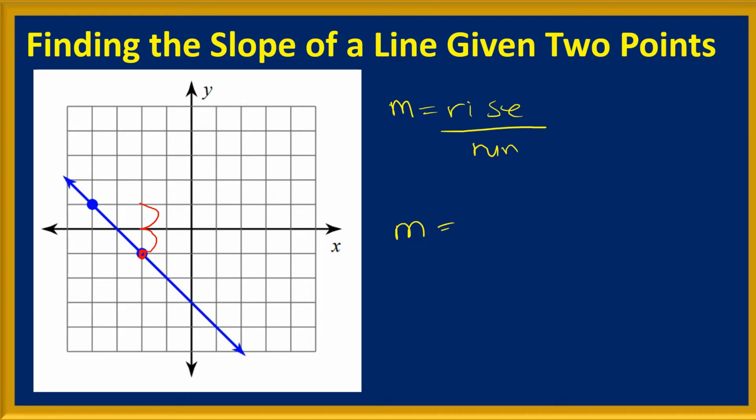So therefore, ang movement natin upward ay positive 2. Then, movement tayo to the left, papunta dun sa second point natin, 1, 2. So, nag-move tayo ng 2 to the left. So, ibig sabihin, negative 2 yung movement natin. So, therefore, kung i-simplify natin siya, ang slope natin ay 2 divided by negative 2, which is negative 1. So, our slope is negative 1.